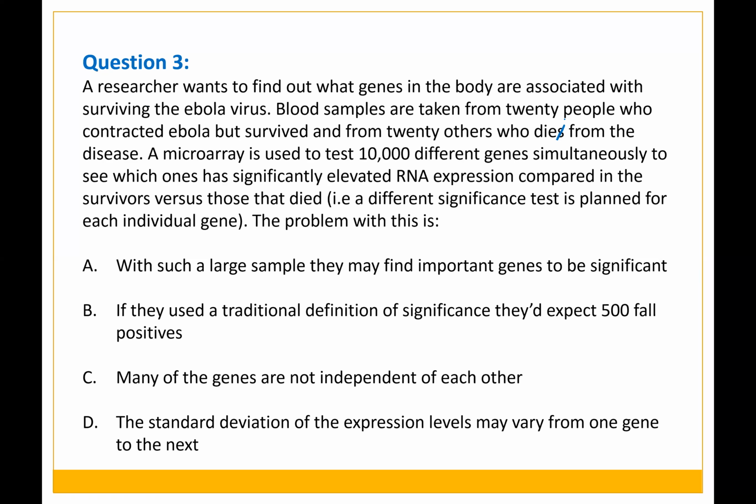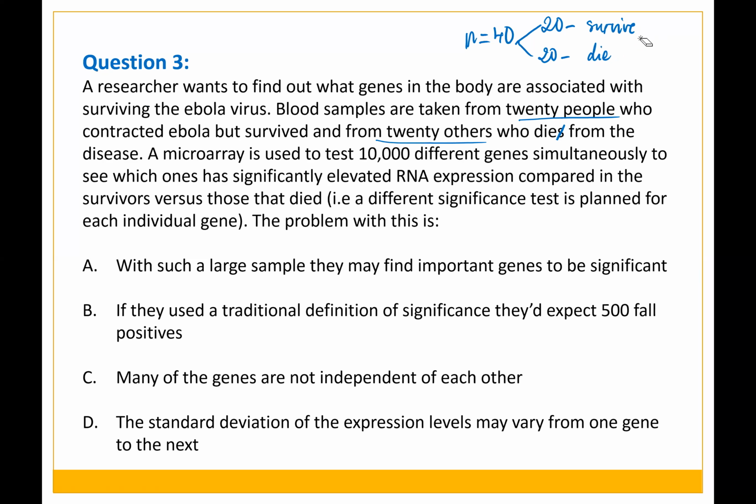We have a sample of 20 and 20. So, the ones who survived and the ones who died from it. In that case, our sample is only 40, and you have two groups, 20 who survive and 20 who die from it.